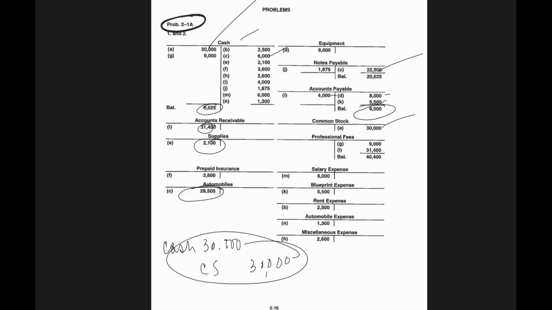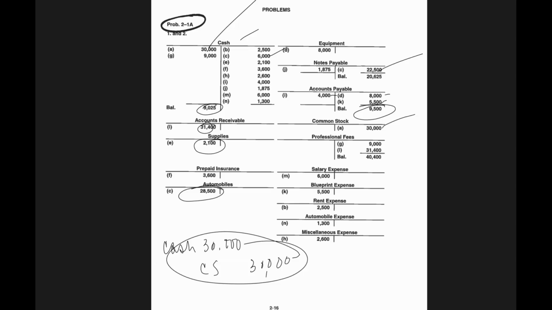But a notes payable is something a little bit more long-term. Accounts payable is short-term. Purchased office equipment and computer equipment on account, so you would debit those asset accounts and credit accounts payable.